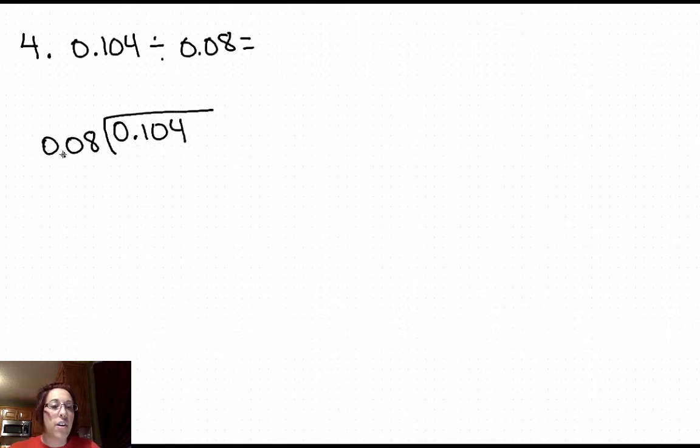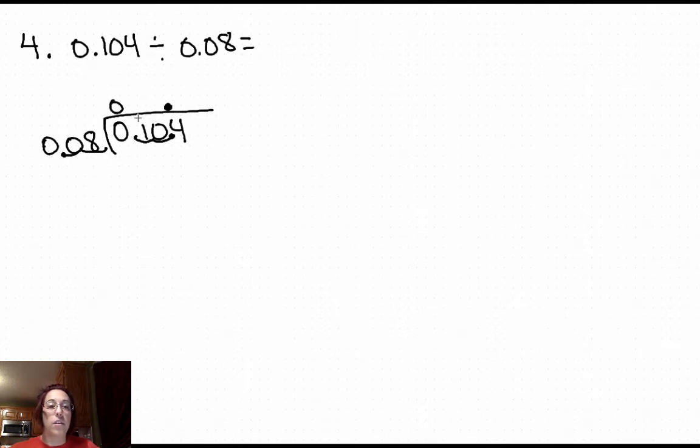Okay, we move our decimal, 1, 2. We move our decimal, 1, 2. Go ahead and move it straight to the top and divide. So this becomes the number 8.